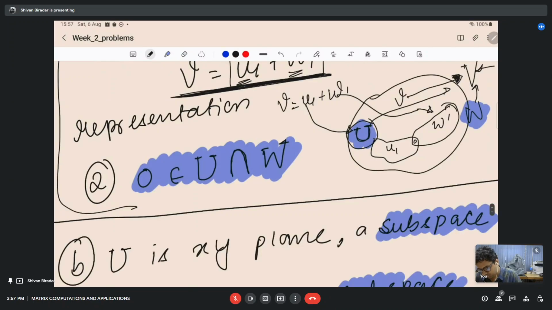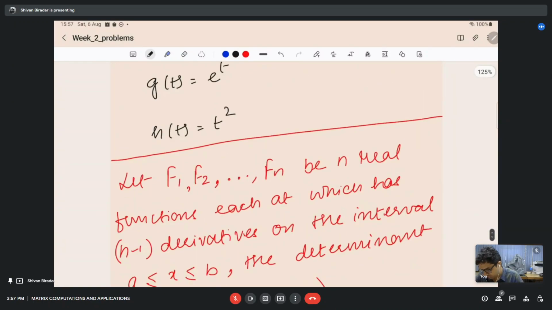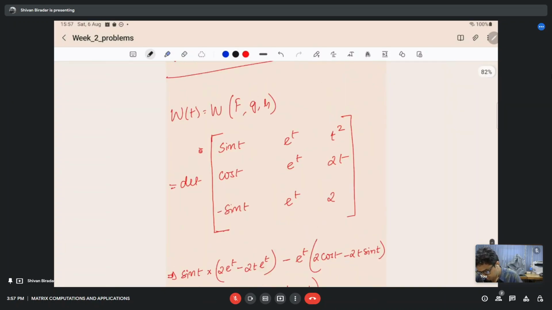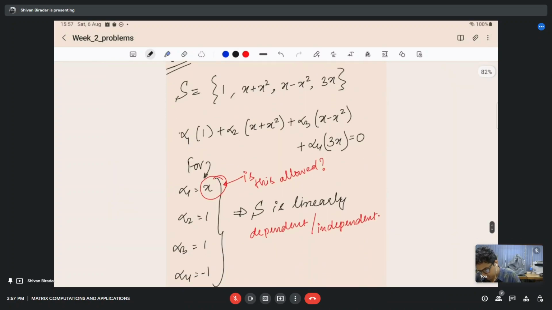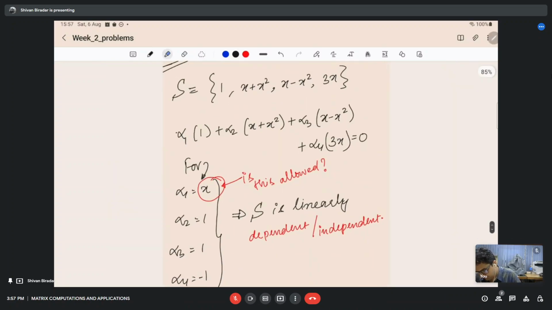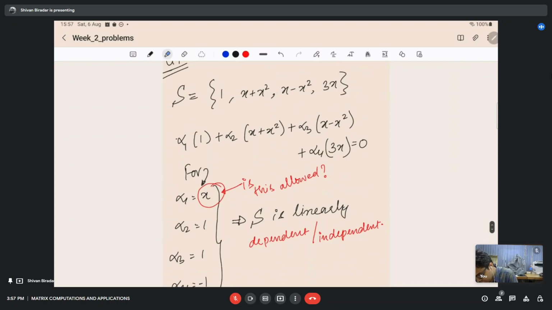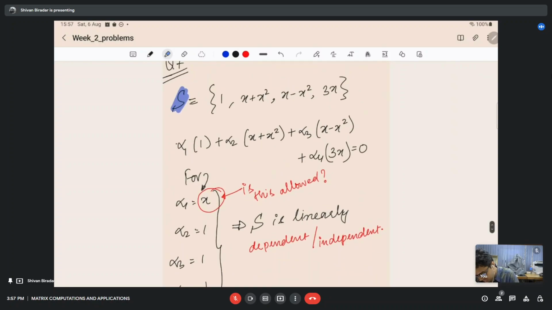We jump on to question number 7 because we don't have much time now. So we have this set S. The same question: whether S is linearly independent. I have polynomials x, x plus x square, x minus x square, and 3x.